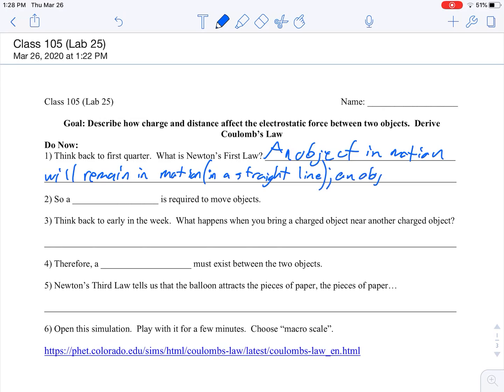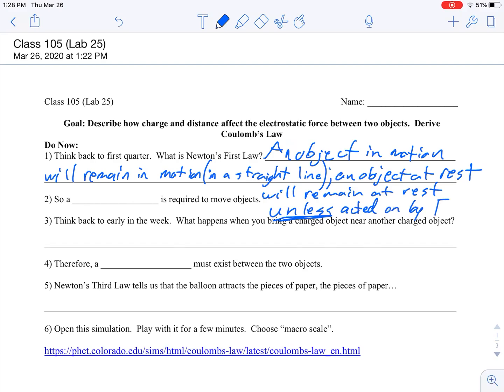An object at rest, didn't really give enough room here, will remain at rest unless acted on by a net force, F net. Okay, so a net force is required to move objects.